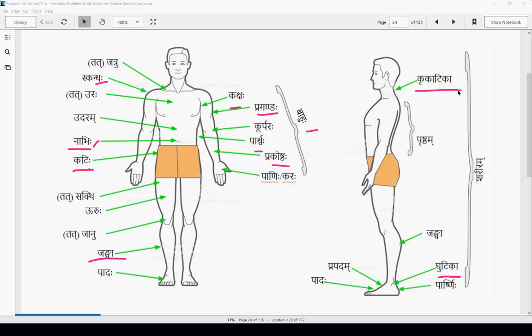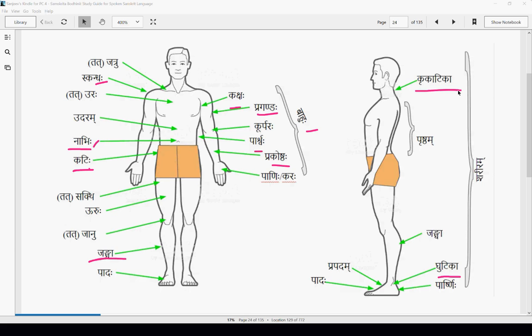Sometimes it specifically indicates that a word is strilinga whenever confusion could arise. But if there is a word ending in a, it does not say anything, and then we can assume it is a strilinga word. So here also a similar convention is followed. So jangha, ghutika and kukatika are strilinga words.